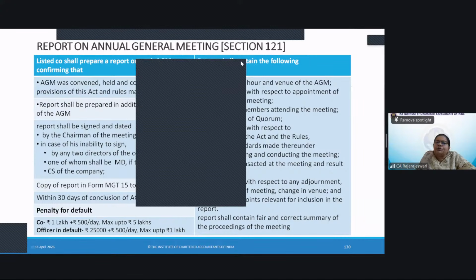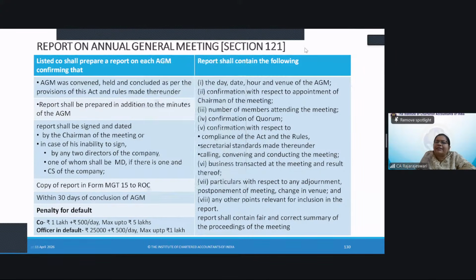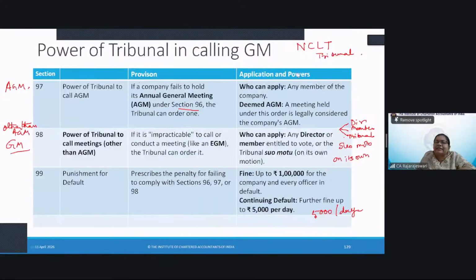See, suo moto means on its own. Nobody needs to apply. The tribunal itself can call. Without an application being made, the NCLT, National Company Law Tribunal, can call an EGM.